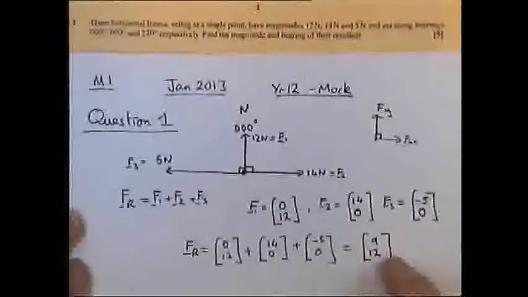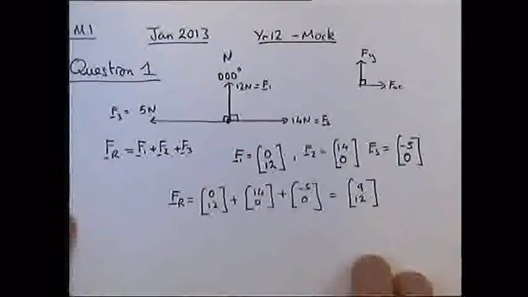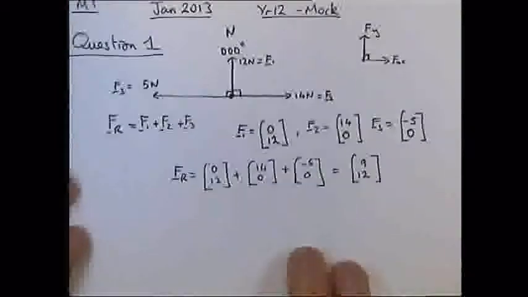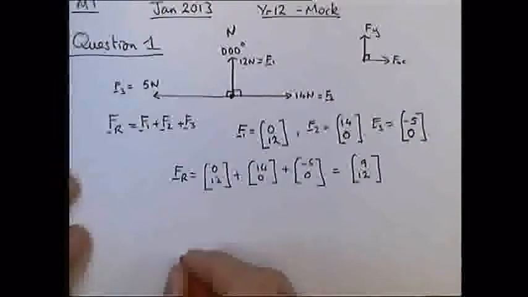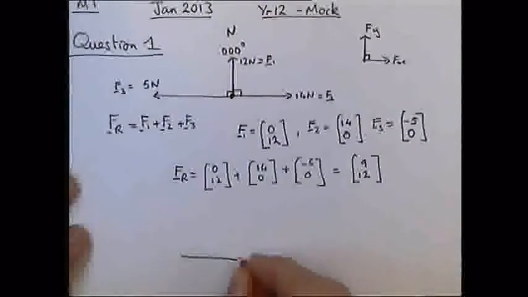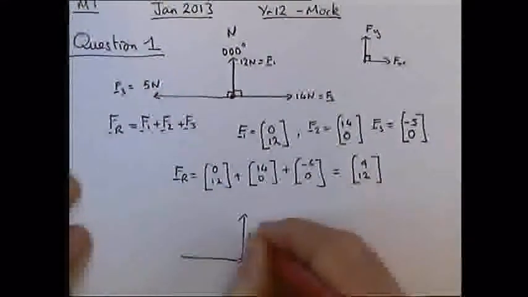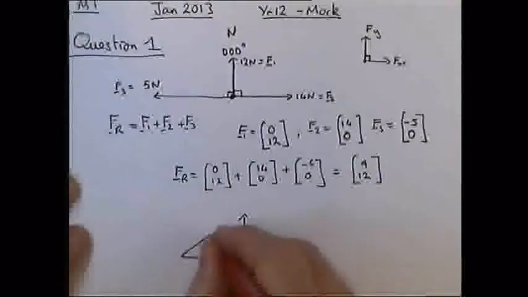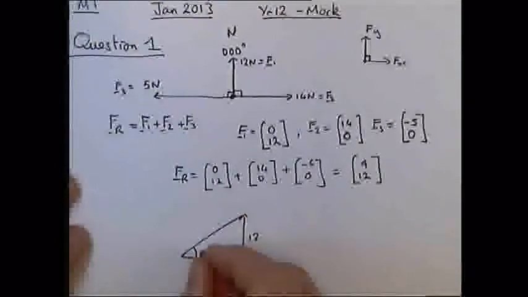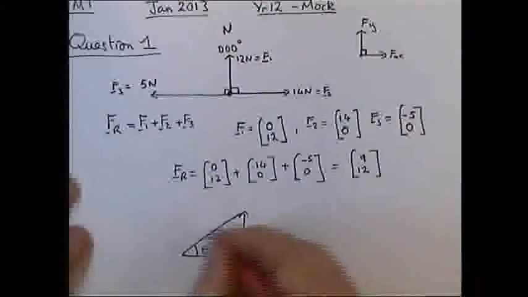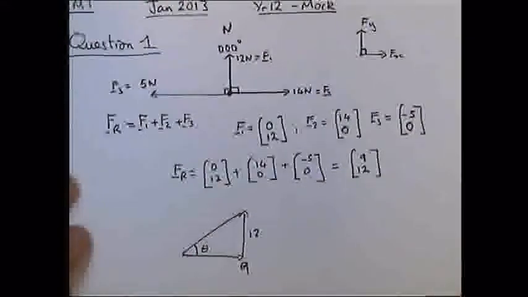So now I know what the x and y components are of this resultant force, so I'm going to draw a quick diagram where it's going to go 9 to the right and 12 up. And that will give me my angle theta, and the length of that line will give me the magnitude of the resultant force.